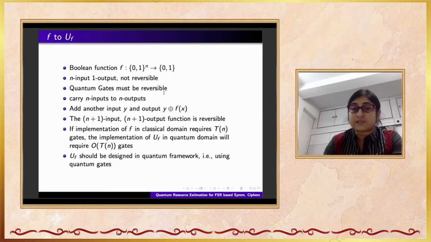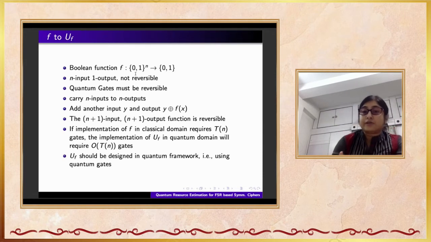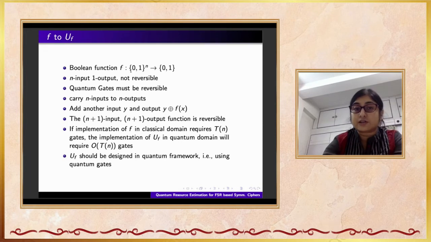We call this reversible version of f, UF. If implementation of f in the classical domain requires t gates, then the implementation of UF in the quantum domain will require order of t·n gates. UF should be designed in the quantum framework, that is, using quantum gates.